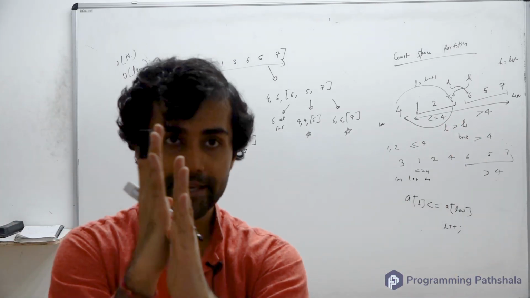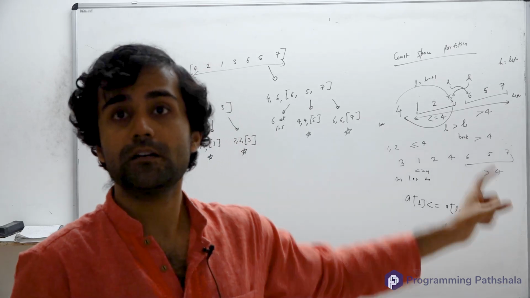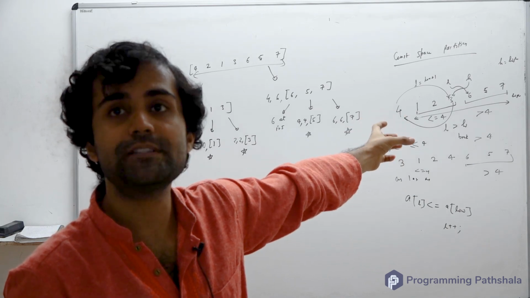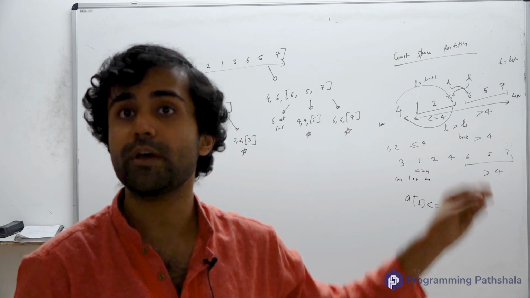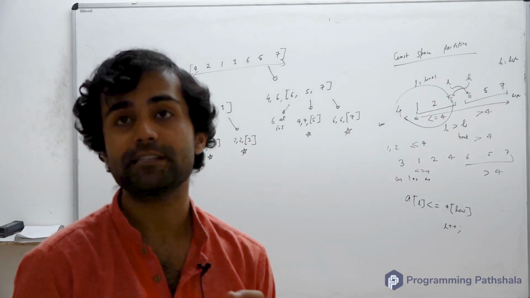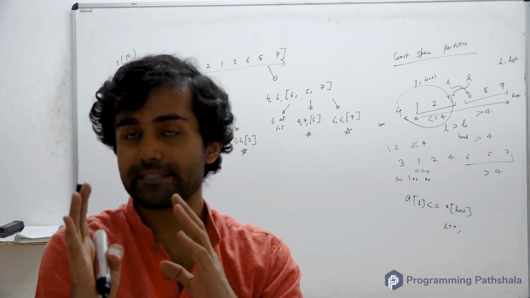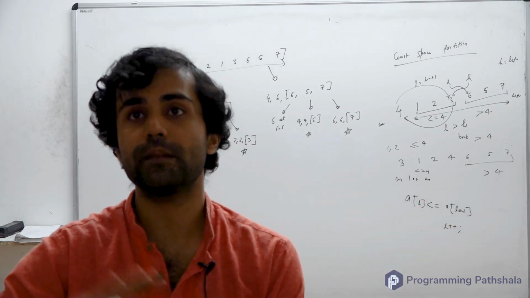The moment they overtake, you would break. And after breaking, as I showed you over here, you would simply swap the first element with the H. Okay, why? Because you have to ensure that it goes to its deserving location. Nothing will go wrong. Still, all the elements that are smaller than or equal to 4 will be on the left, and all those that are greater than 4 will be there on the right.